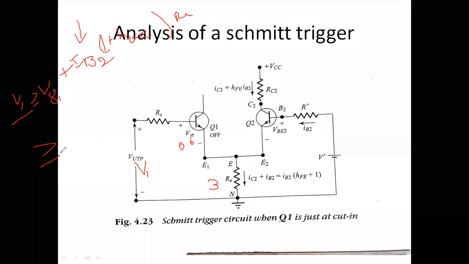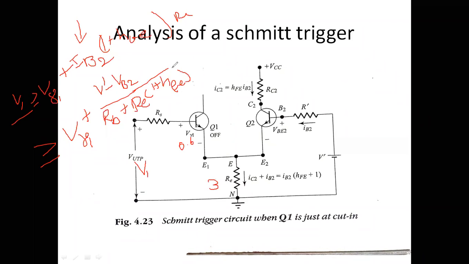Therefore you get V gamma 1, the cut-in voltage, plus IB which we found previously, V dash minus VBE2 divided by RB plus 1 plus HFE into RE, multiplied by 1 plus HFE into RE.